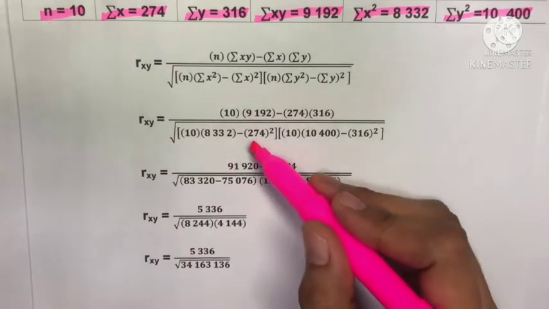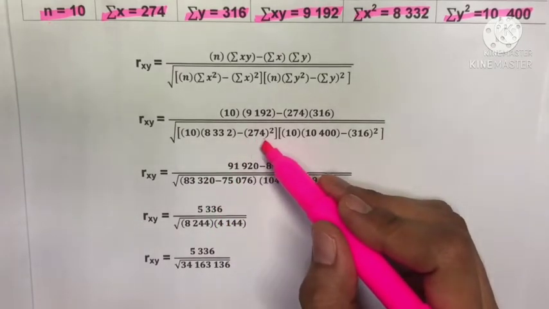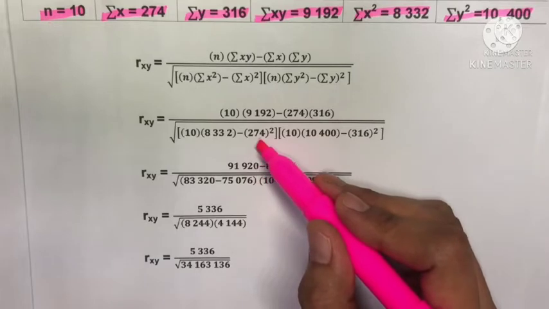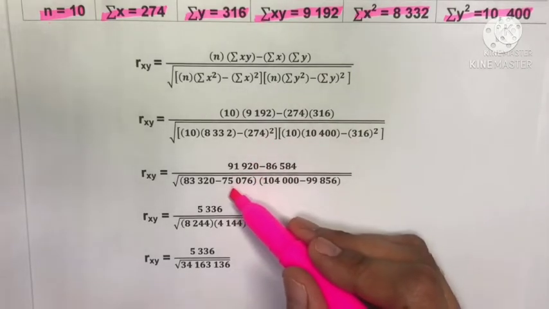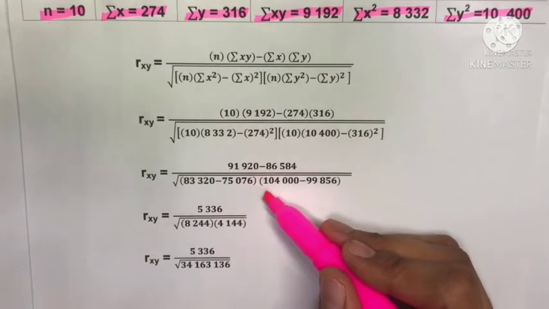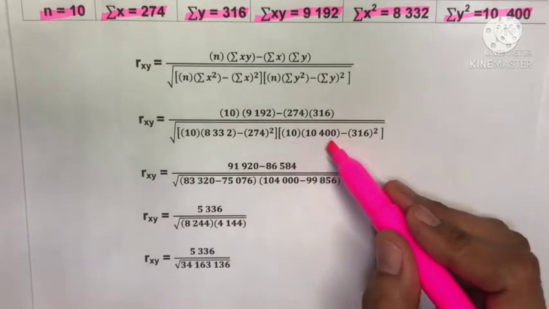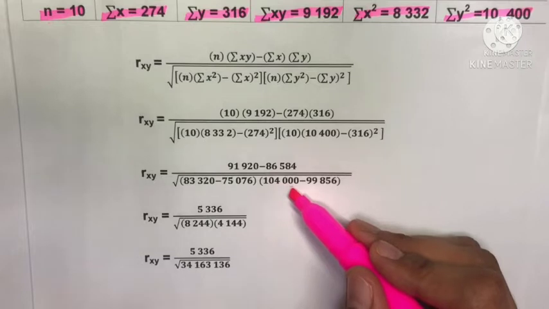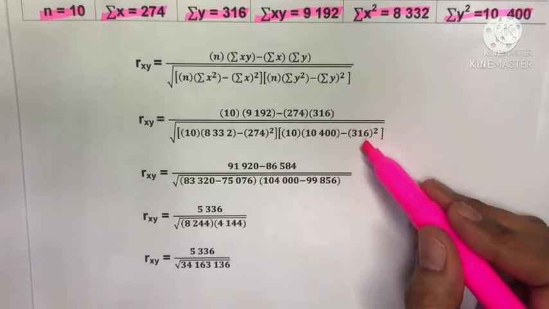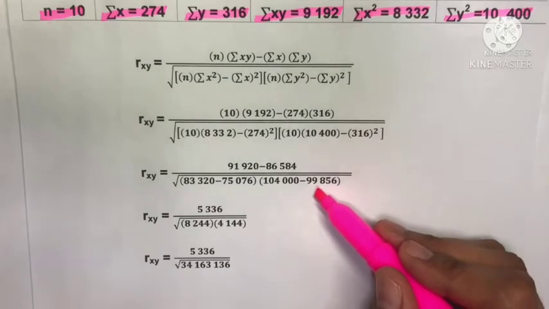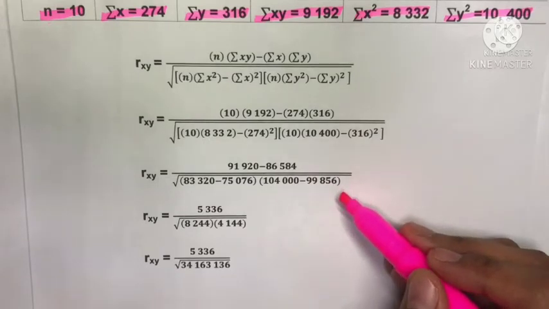83,320 minus, so we have here 274 squared means 274 times 274, it is equal to 75,076. Times 10 times 10,400 is 104,000. Minus 316 times 316 is equal to 99,856.